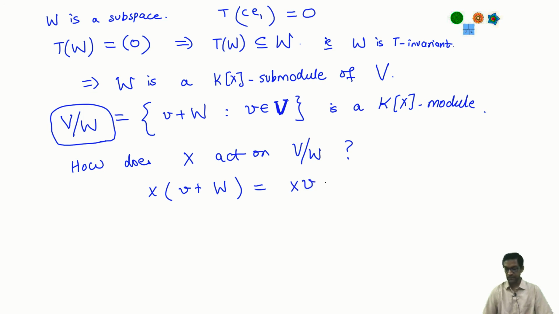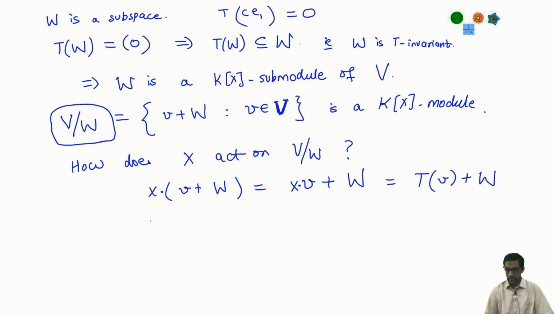It just acts on the representative. So x acting on v plus W is just x acting on v, plus W. Now recall, by definition of the operator T, x acting on v was just the original operator T acting on the vector v.